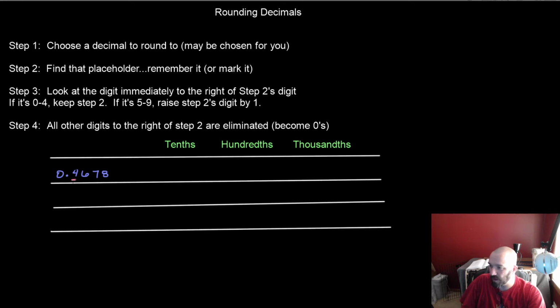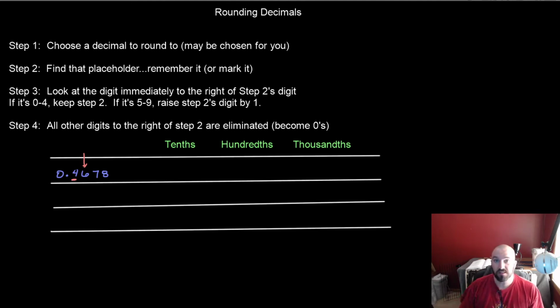I can just draw a little line under the 4 and say, okay, that's the thing that's going to change or not change. Then I look immediately to its right. Only the 6 matters. The 7 and 8 aren't even in this conversation. They're off doing their own thing. So find that placeholder, mark it. Step 3: look at the digit immediately to its right, and then make your decision based on that.